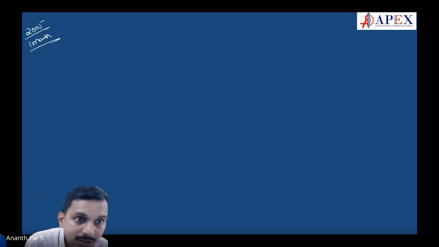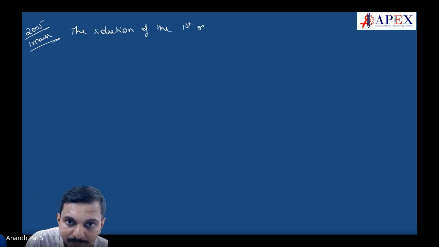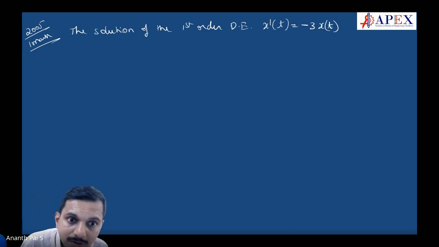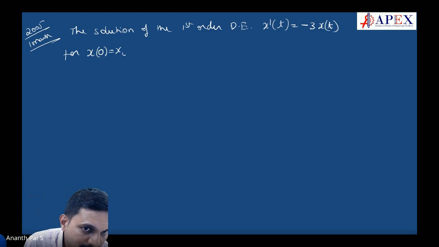The solution of the first order differential equation x dash of t is equal to minus 3 times x of t, with x of 0 is equal to x naught, is, do it fast and tell me the answers to it.